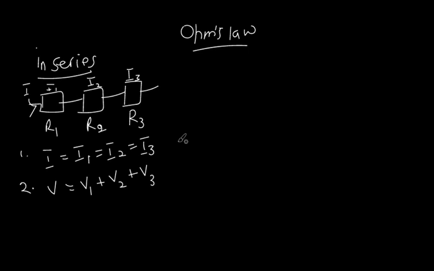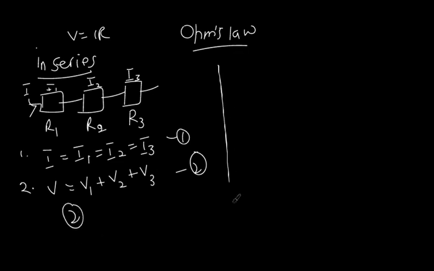Now we know Ohm's law is V is equal to IR, and we know in series we have the same current passing through, and the voltage adds up. What then do we do? Now let's look at how to get a total resistance using these two assumptions. Using equation 2, we have V is equal to V1 plus V2 plus V3.